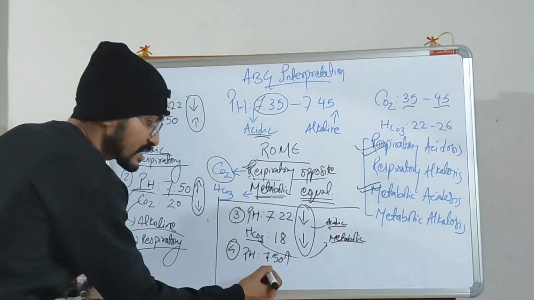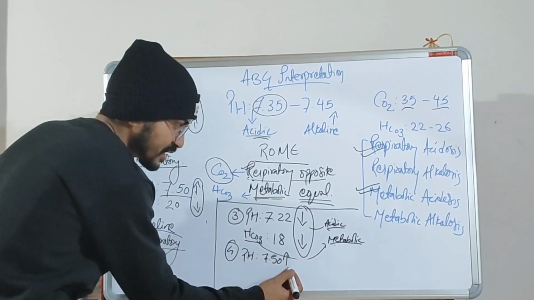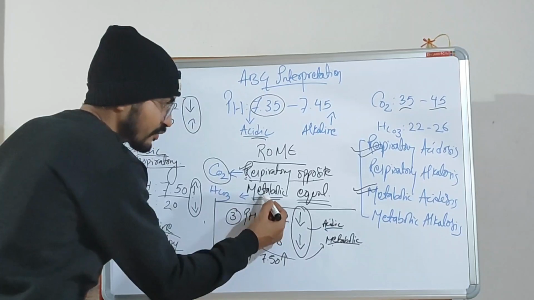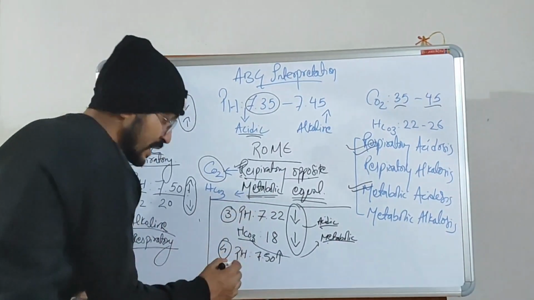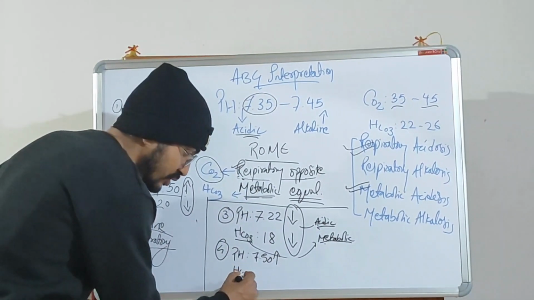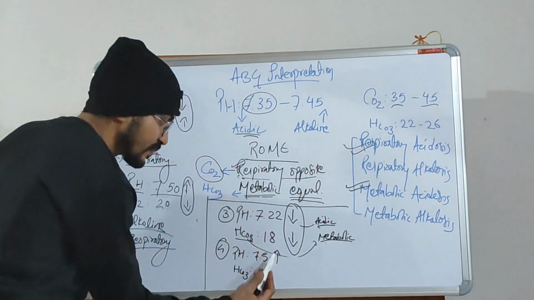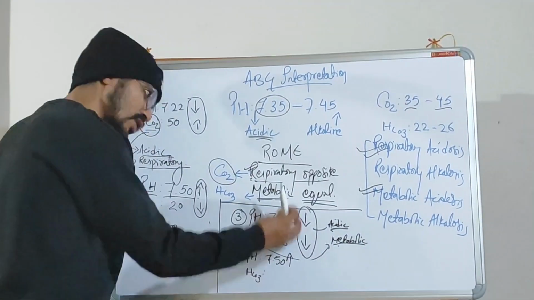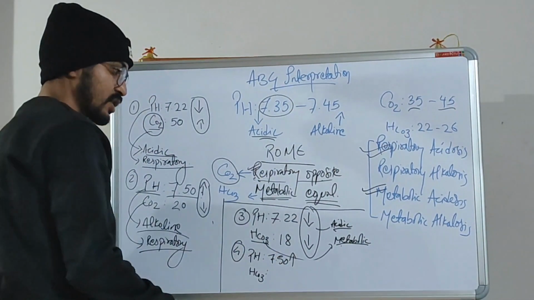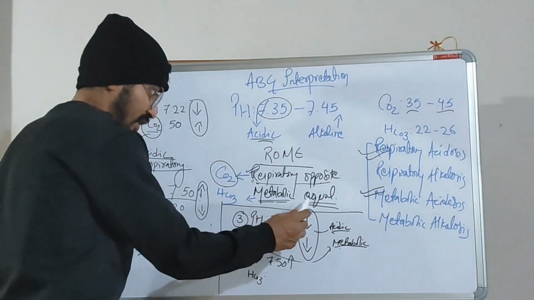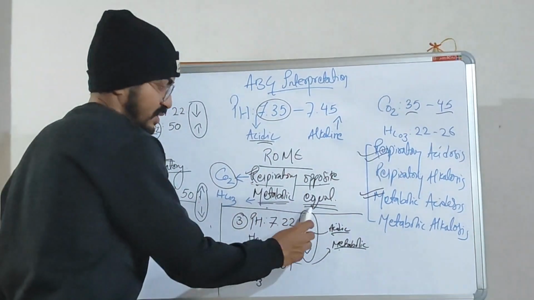So because your pH is moving upward, to meet the formula of ROME for metabolic, your HCO3, which is related to metabolic, now needs to go upward. Because the pH is going up, it needs to go up along with the pH to meet the formula of ROME. Metabolic is always equal.